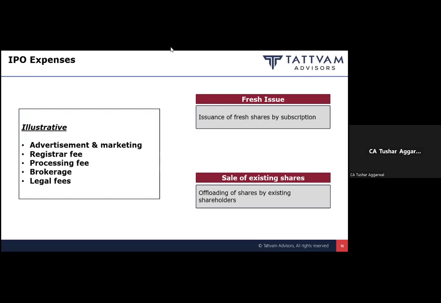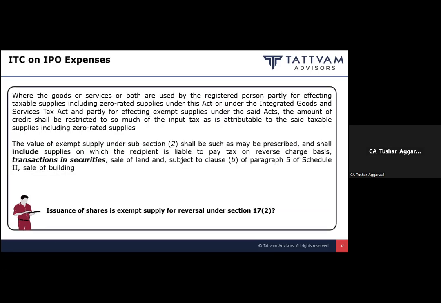Now, the notice which the department, and this inquiry is being initiated by DGGI Gurgaon, what they are saying is that, sir, under section 17, transaction in securities is deemed to be an exempt service for the purpose of reversal. Again, I repeat, section 17 subsection 2 specifically says the value of exempt supply shall also include transaction in securities.